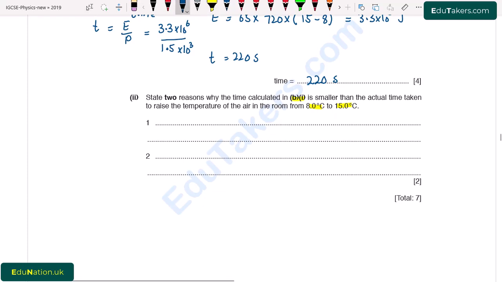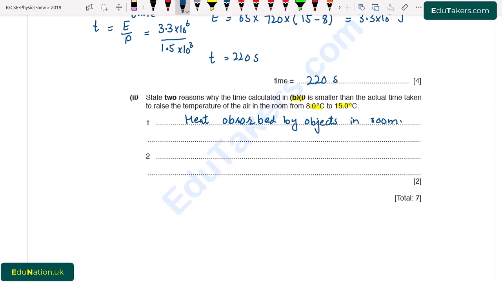So I write here heat absorbed by objects in the room.